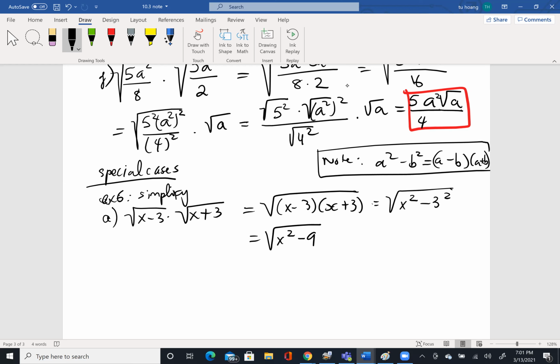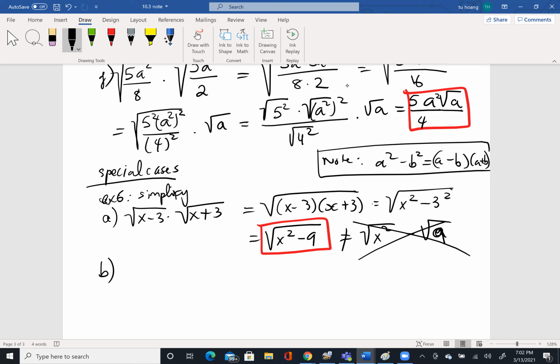Okay, so here the square root of x squared minus 9 is going to be the answer. Okay, remember that this is not equal to the square root of x squared minus the square root of 9. Many students make that mistake. That is not true. Don't make that mistake.